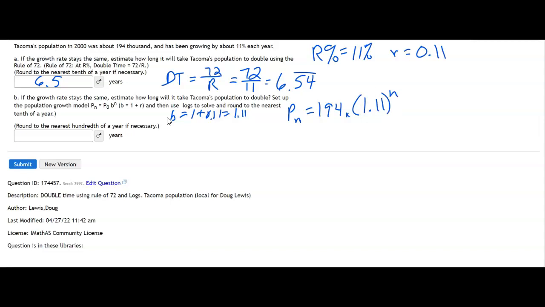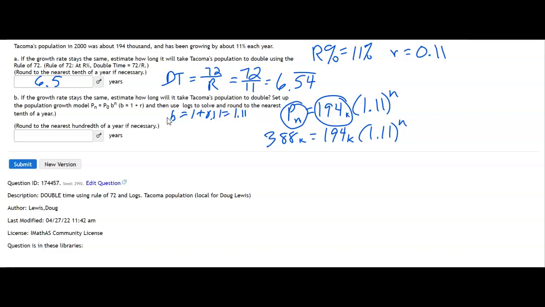Now for that to double, this P sub n has to be 194,000 doubled. That happens to be 388, so that's 388,000. And you're going to see here we're going to get a little shortcut for this even after we're done with this problem. 388,000 equals 194,000 times 1.11 to the n power.